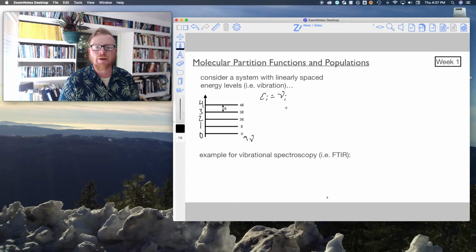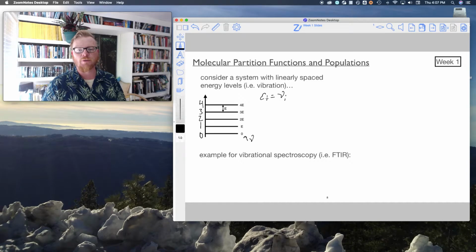Okay, so I'm going to say then any of those energy levels equals nu i, which is this value that I'm working on right here.